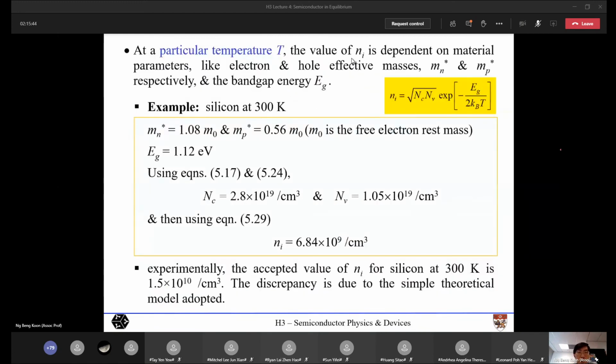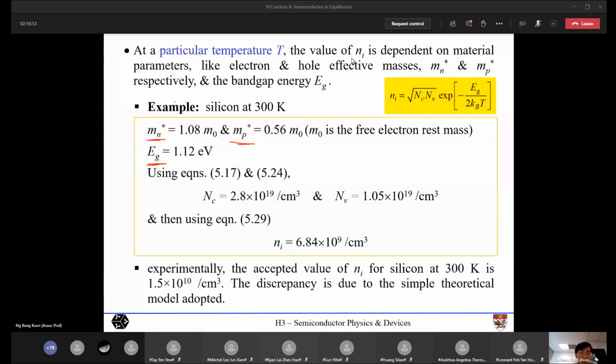Okay, so let's try and do some calculation for the intrinsic carrier concentration. In this example, we have silicon at 300 Kelvin, and we're interested to find out the intrinsic carrier concentration of silicon, that means in a pure silicon material. If we look up the properties of silicon, these quantities are known values, they've been characterized.